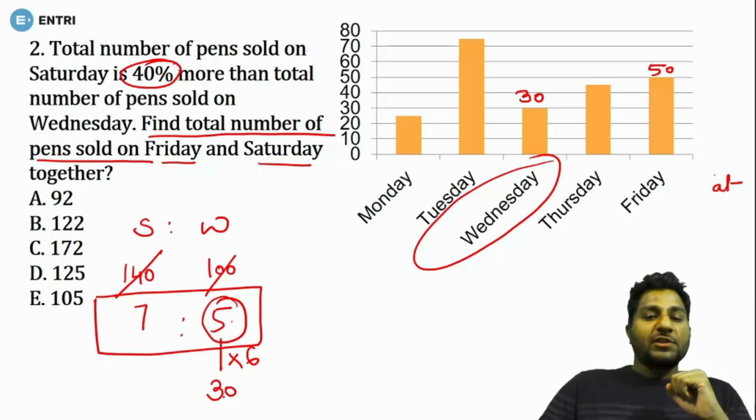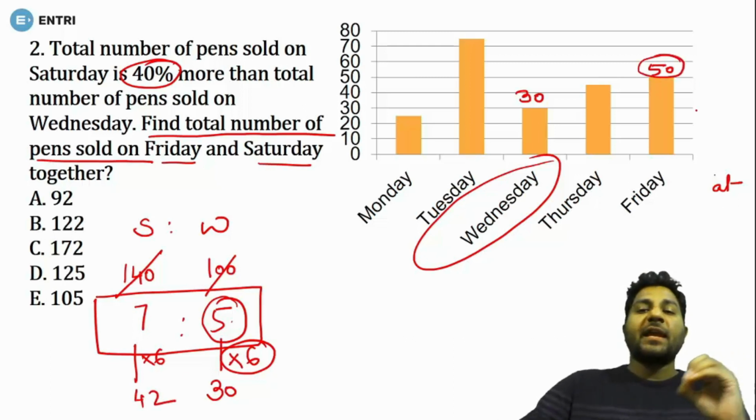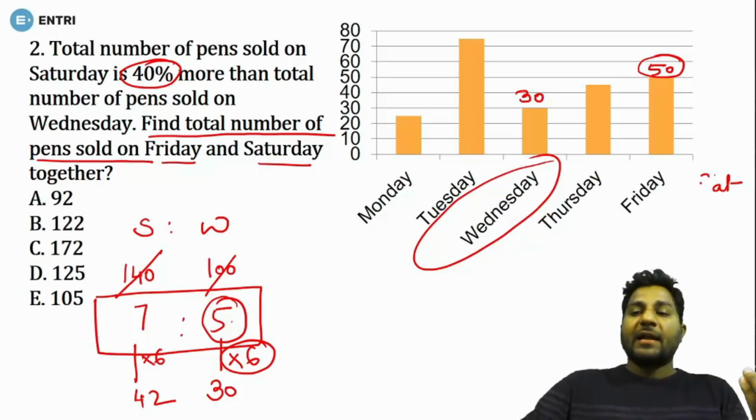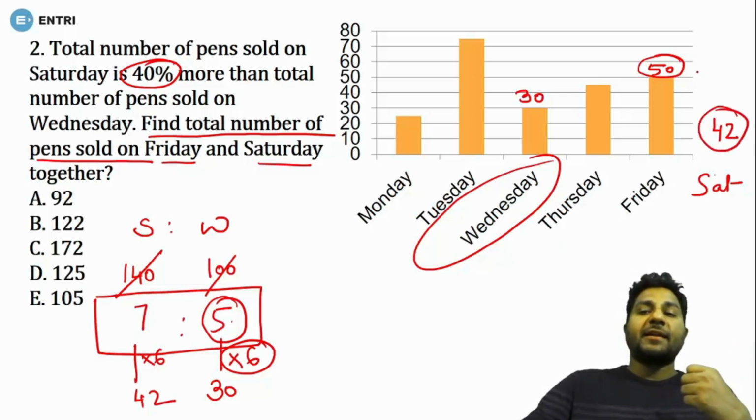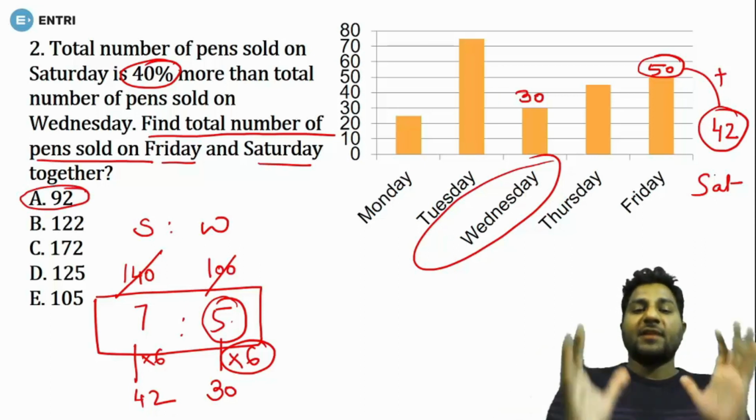If 1 ratio is equal to 6 pens, that means 7 ratio equals 42 pens. And we know that 50 pens have already been sold on Friday, and 42 pens have been sold on Saturday, so their total will be 92. Hence option A is the correct one.